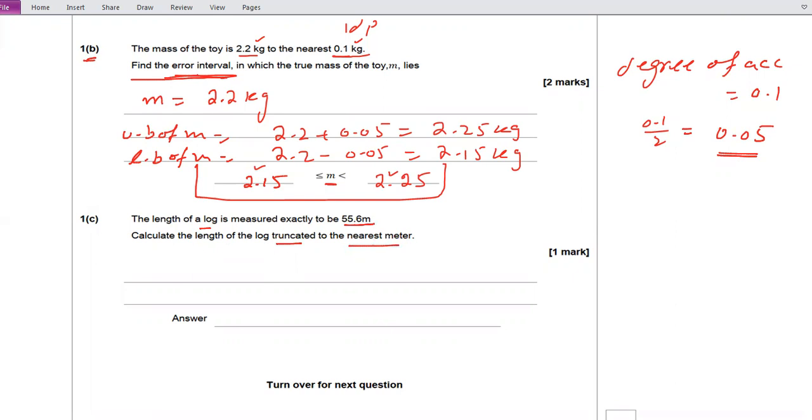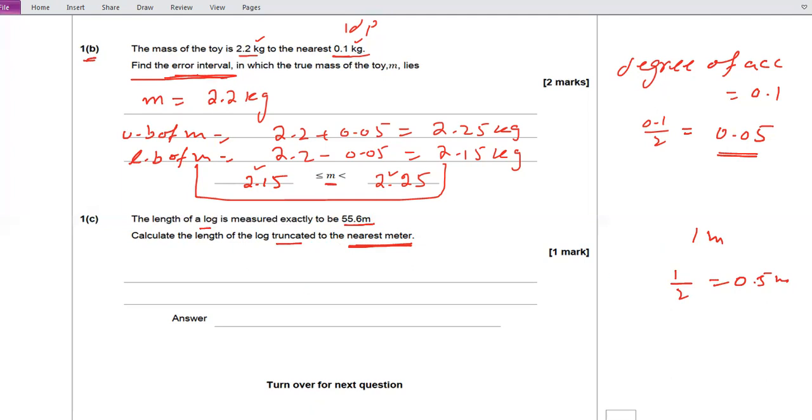This is degree of accuracy. Nearest meter means 1 meter. If you halve it, what will it be? 0.5 meter. Now you have to calculate the length to the nearest meter.